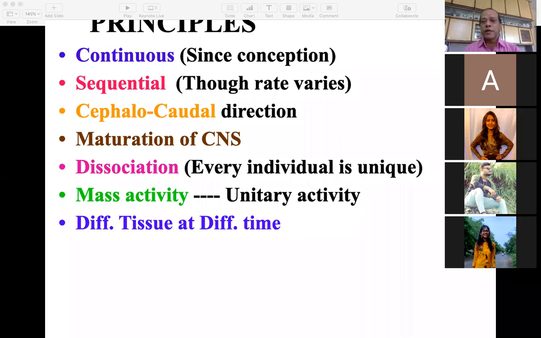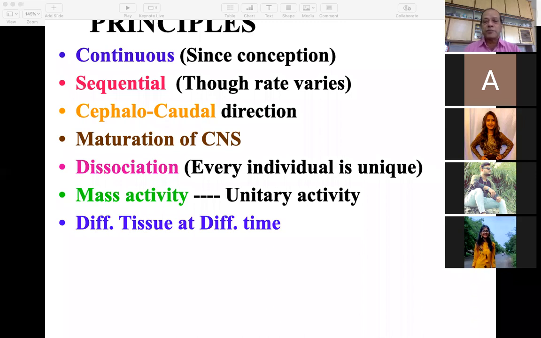If all other milestones are normal, he is not speaking fluently, but something he is speaking. So he may be delayed in speech development, but that does not mean that he is mentally retarded or there is some delay in the development.